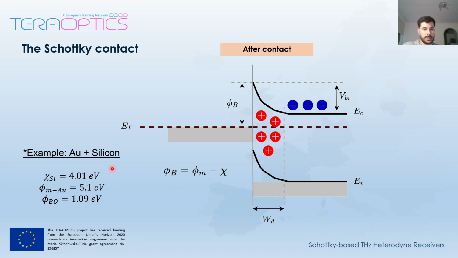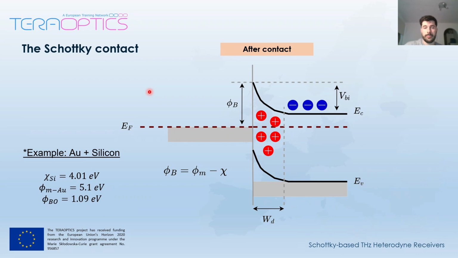If we take gold and silicon as an example, we find that the barrier height is around 1.1 electron volts. Also, because of the migration of electrons, what we have as a result is a region of net positive charge, and so we have an area free of moving carriers, in our case the electrons, and we call that area the depletion region.